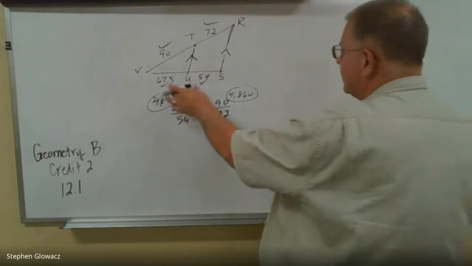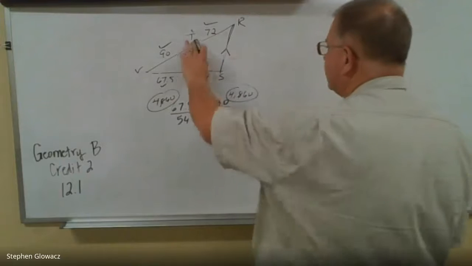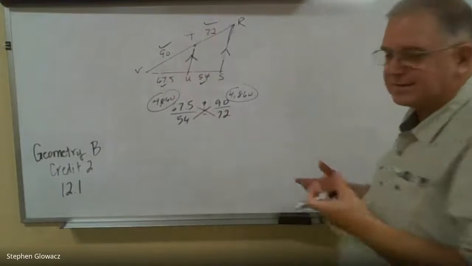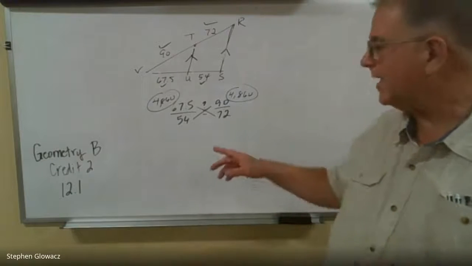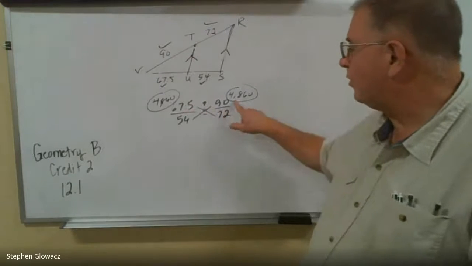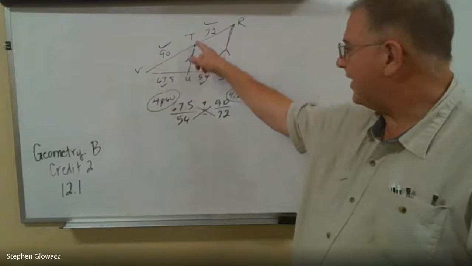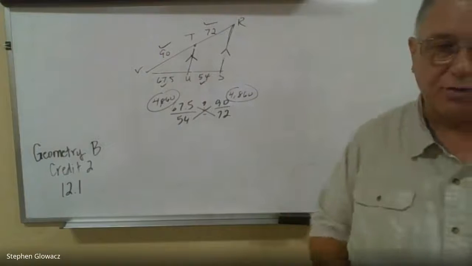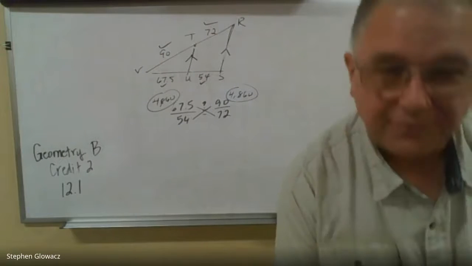So since the segment lengths are proportional, TU is parallel to RS, and that's the reasoning or explanation that you would put. Again, the cross products were equal, which means the segment lengths are proportional, and that means TU is parallel to RS.